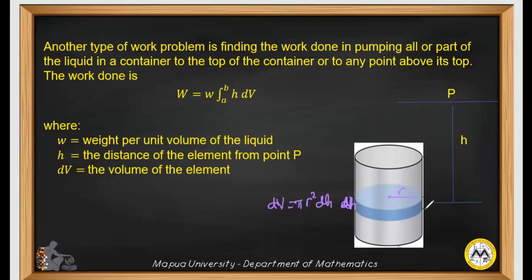So this is the differential volume. And H is the distance of the element to point P. We call this H. So the work then is equal to the density times the integral of H times the differential of the volume.